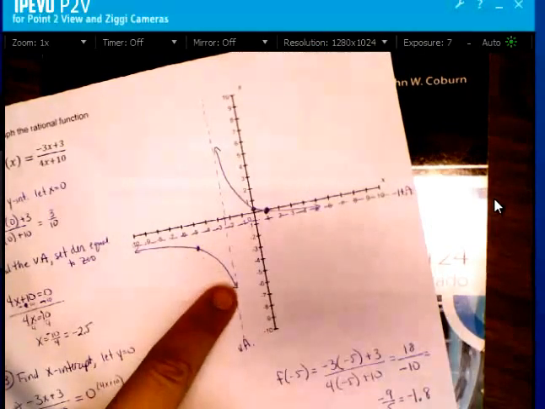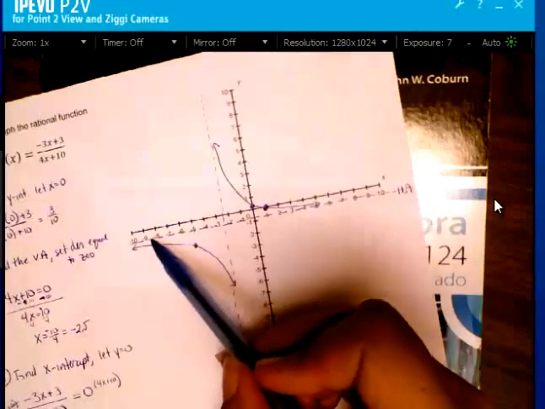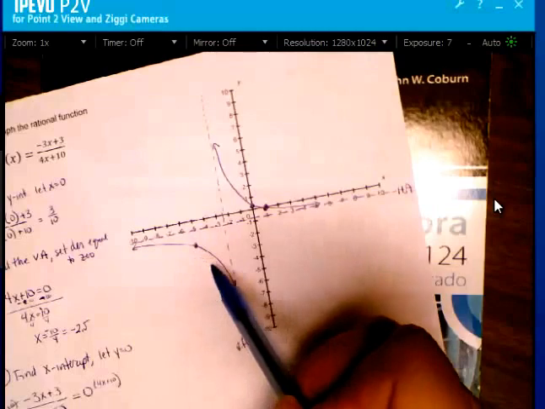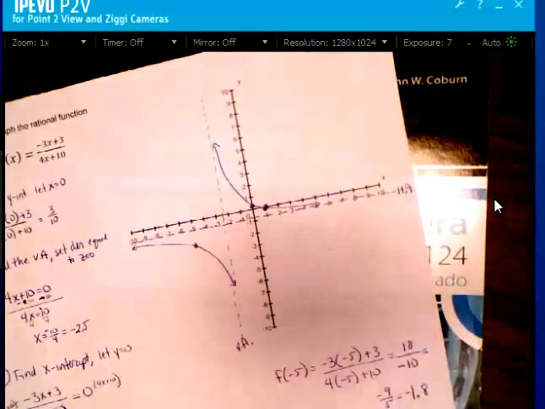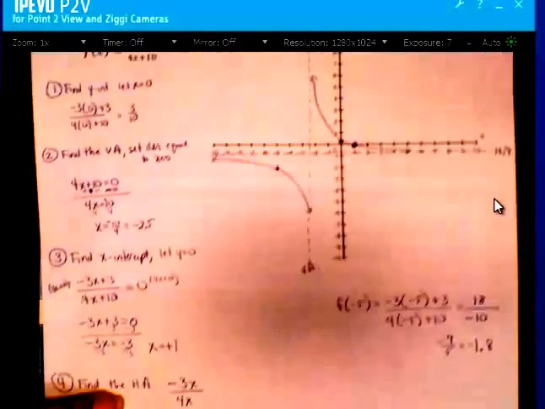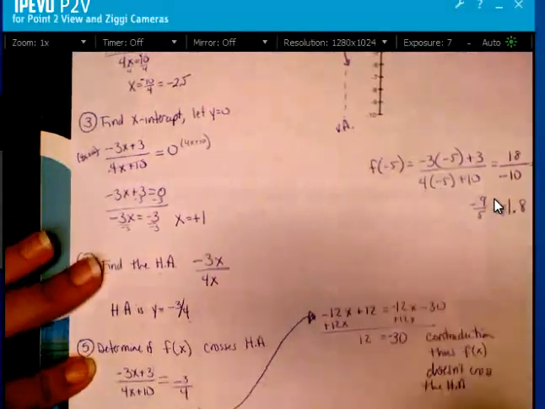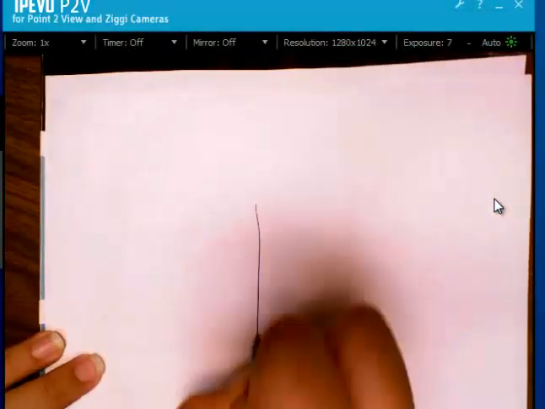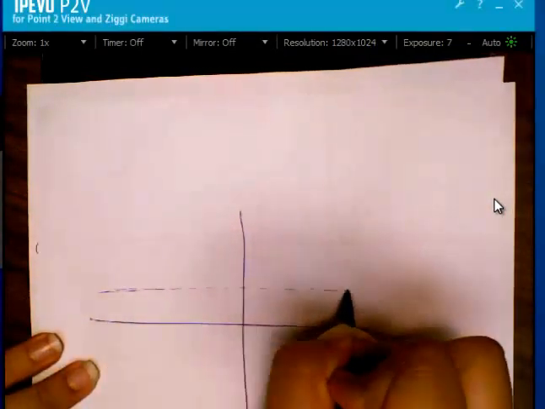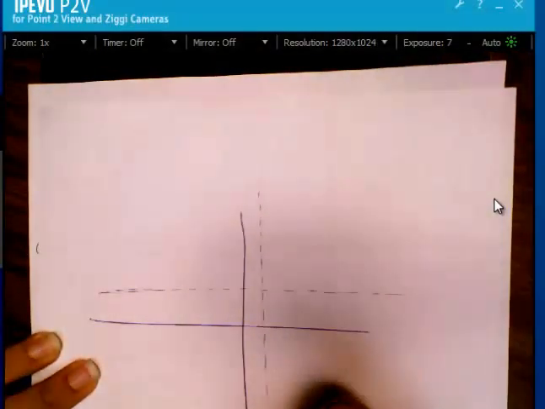Again, it's drawn towards those asymptotes, and we know it doesn't cross this, so that's why we know that the function must stay on this side of our asymptotes. One thing to quickly point out, because it's rare that we'll see, especially in this class, that the function crosses the horizontal asymptote, but it does happen. So when it does occur, let's say we have our horizontal asymptote right here, and a vertical asymptote right here.